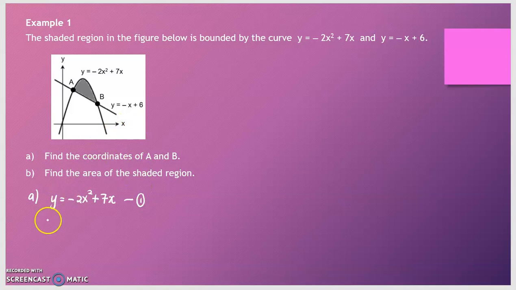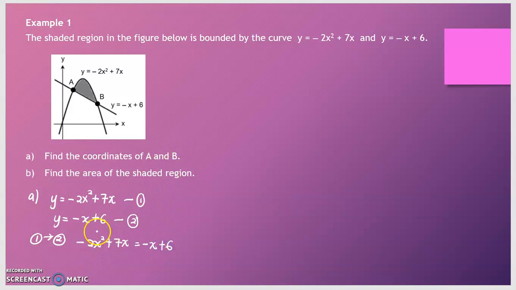And then y is equal to negative x plus 6. This is equation 2. So I'm going to substitute equation 1 into equation 2. So from y, I will change to negative 2x squared plus 7x will be equal to negative x plus 6.